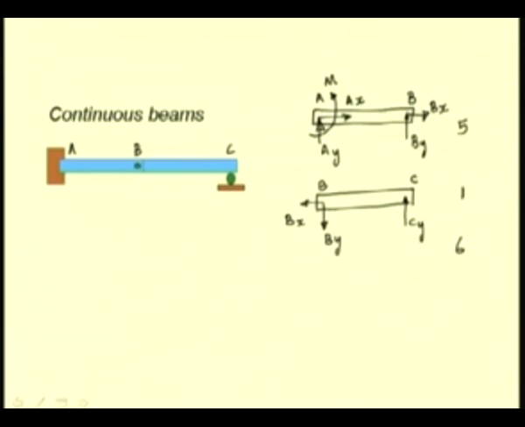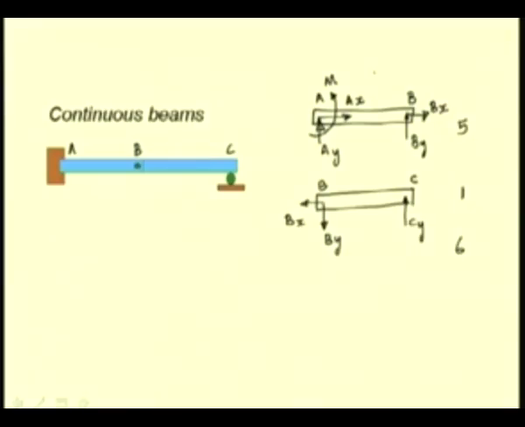For the equilibrium of rigid body AB and rigid body BC, we get 3 equations for each free body diagram, and since we have 2 free body diagrams, we get 6 equations. Since the number of equations and number of unknowns are equal, the problem is statically determinate. Let us consider another example of a continuous beam.